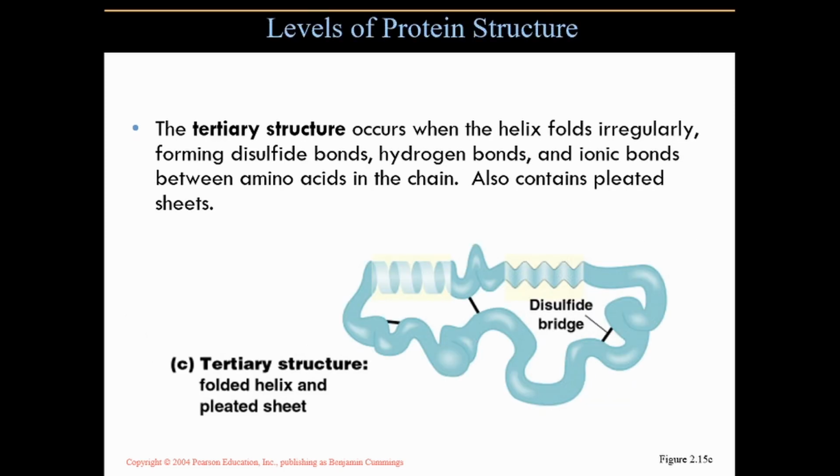The tertiary structure is the third level of structure. We're increasing in complexity and in the ability of the protein to function. And so now we have helical coils, we have pleated sheets, we have chains of polypeptides and so forth, all joined together. But now, instead of being just a straight coil or just a row of pleated sheets or just a straight chain, at the tertiary level they get twisted around, they get bent, and they get put into a specific shape.